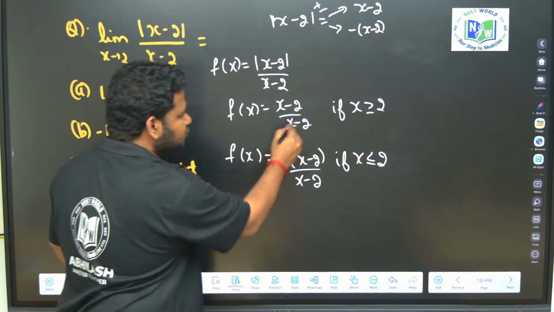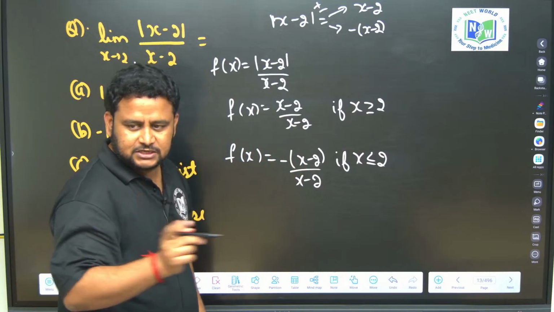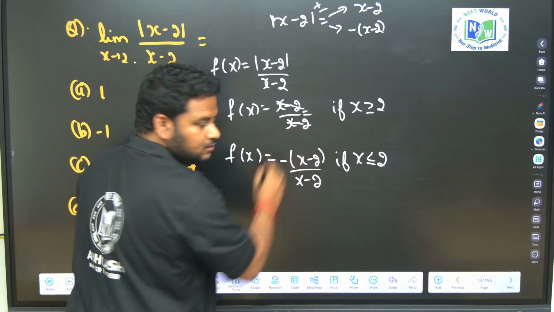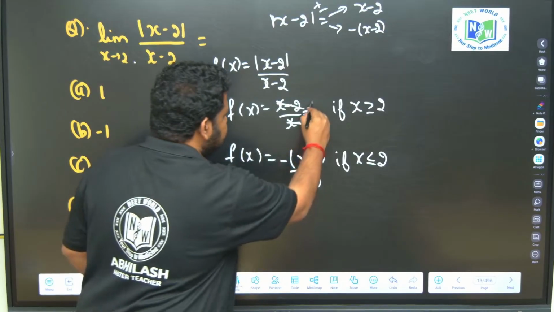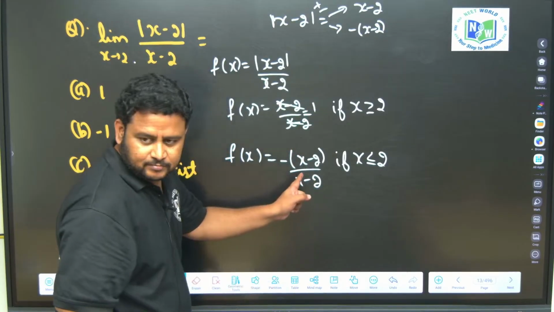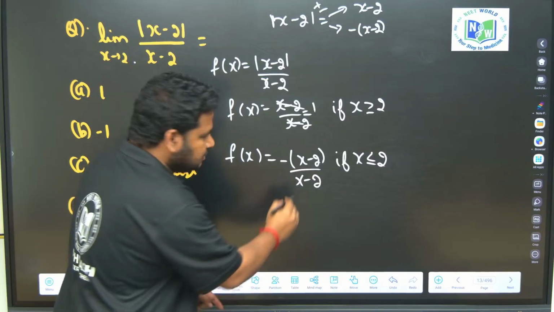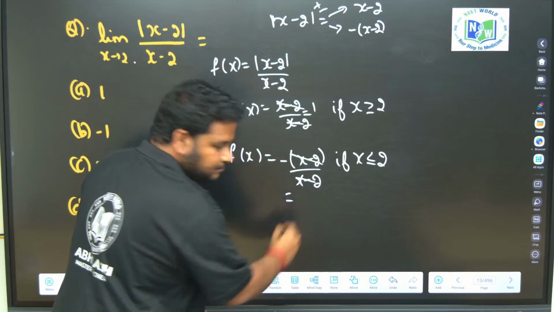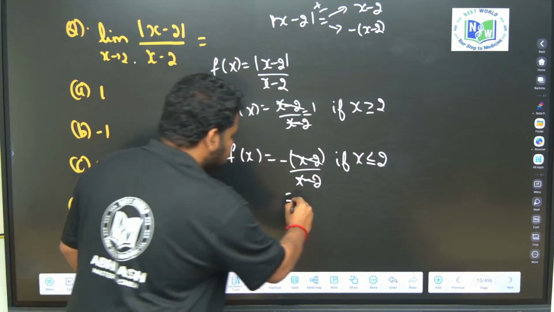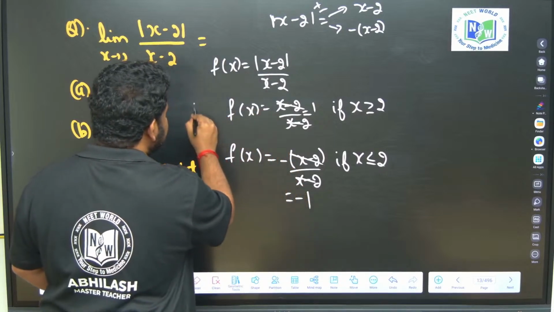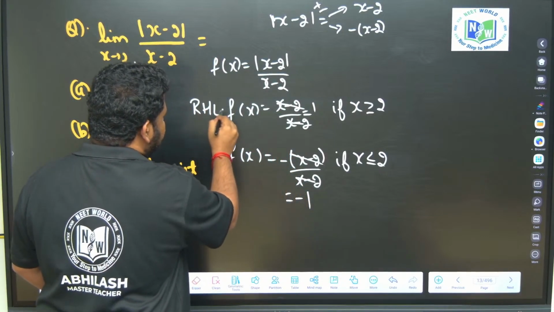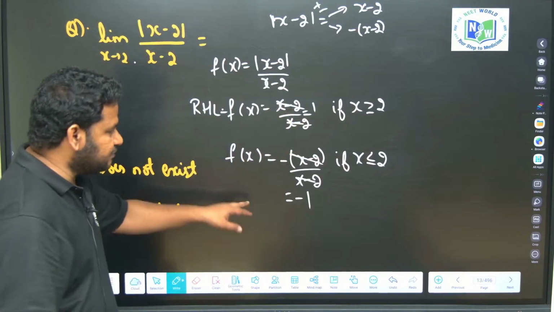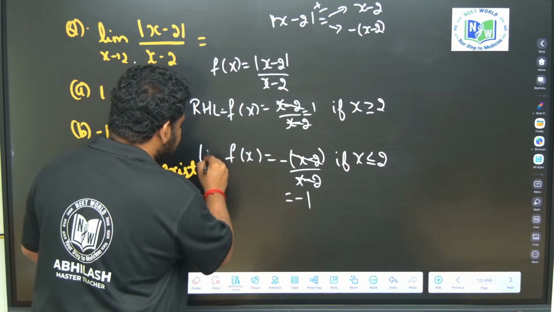Now see, this x minus 2 I can cancel. If I cancel, what will I get? Equal to 1. And in the second one also I can cancel x minus 2, and I will get minus 1. So this positive value I will name as RHL, and this negative value I will name as LHL.